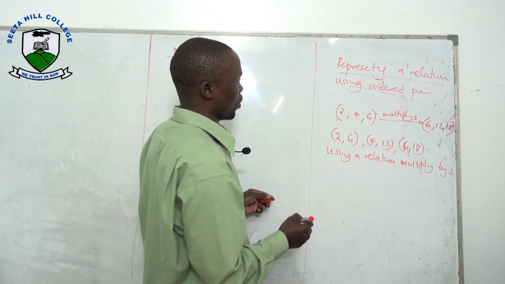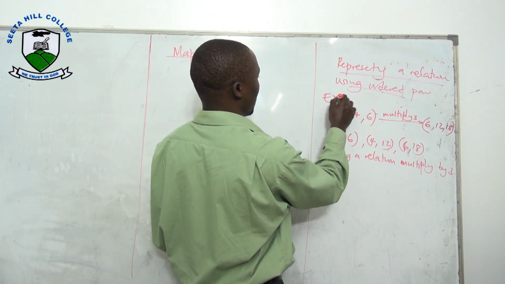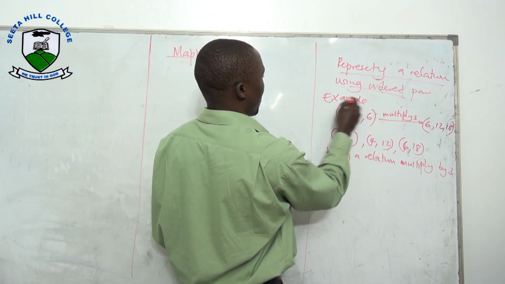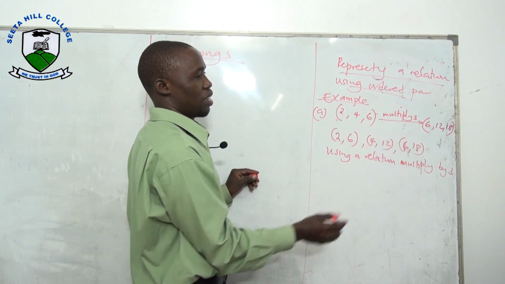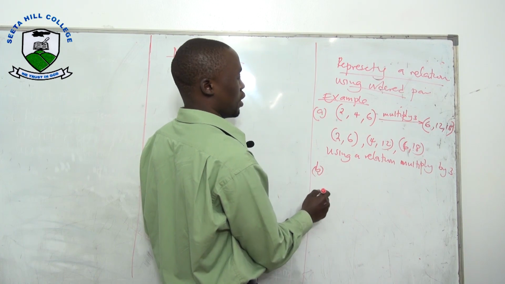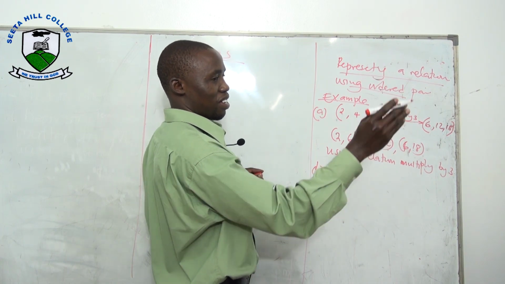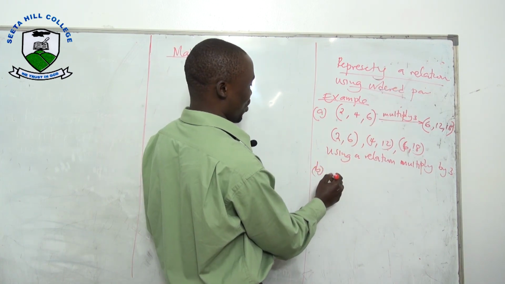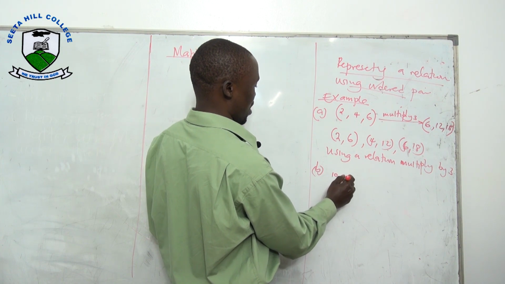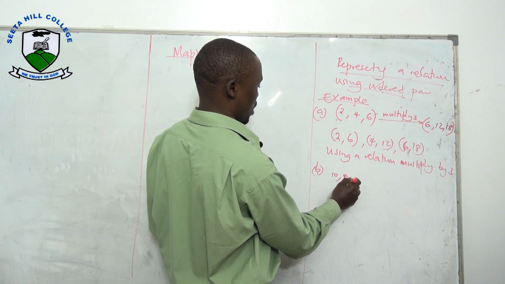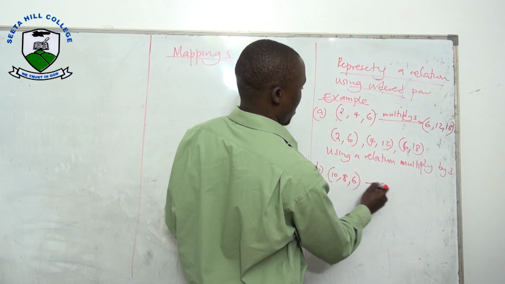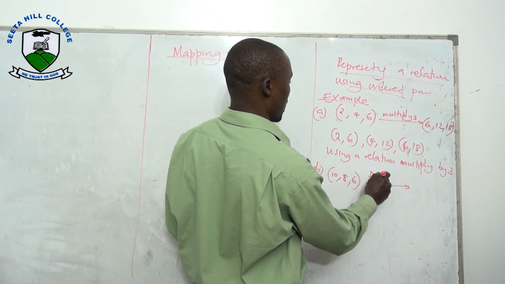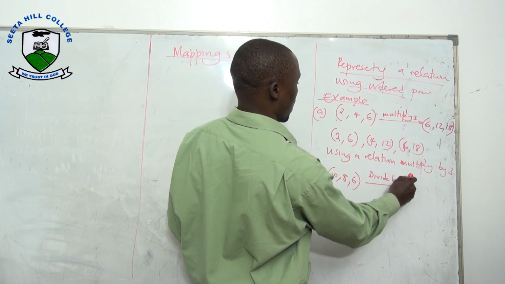Give me another connection between using that. Give me another connection and we develop ordered pairs. Yes. 10. Which set are you giving me? 8. 6. Those are enough. You are connecting them by divided by 2.